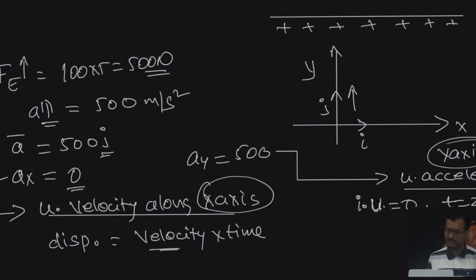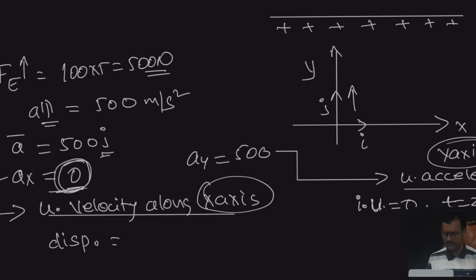Along the x-axis its velocity is 50, so displacement is equal to velocity into time. Velocity is 50, time is 2 seconds, so 2 into 50 is 100. So along the x-axis it is 100, so this is 100i.